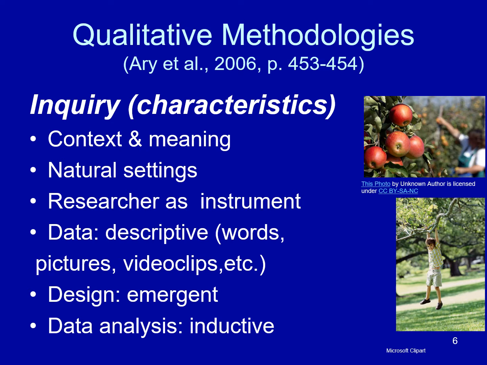Now, if we look at data, that data is often described as descriptive, and it can comprise a number of items such as words. There's often a great emphasis on words, but this also might be visuals such as pictures or video clips, particularly as we're living in an increasingly visual society.